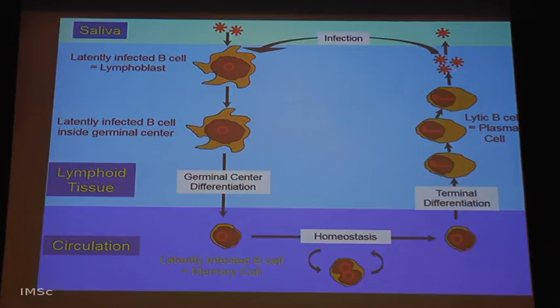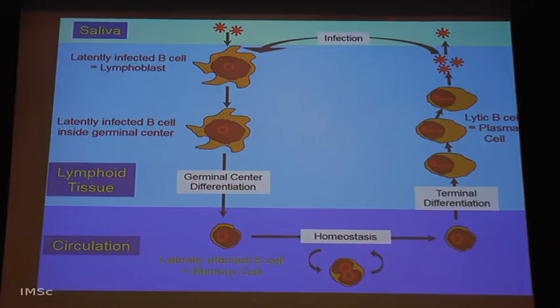And then at the final stage, the cell is again like a factory, but not of antibody, but rather of viral particles. And the viral particles go out and can go into the saliva to infect new individuals, and they also very quickly infect new cells.